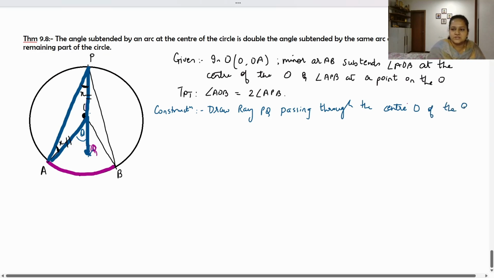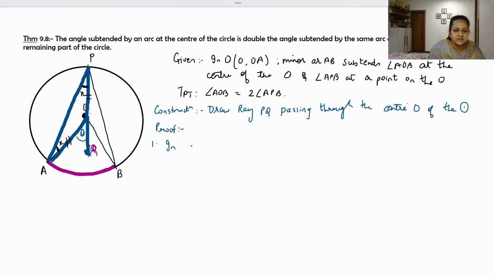Correct? Then what did we say? We looked at the triangle. Which triangle did we look at first? We said in triangle AOP.